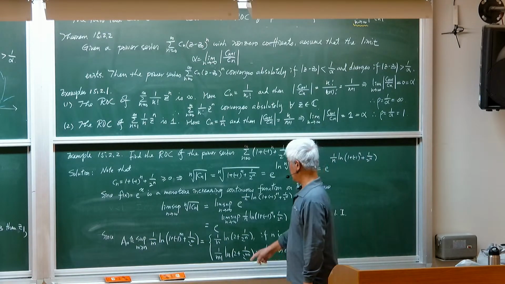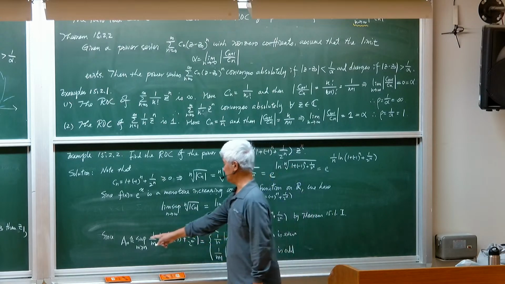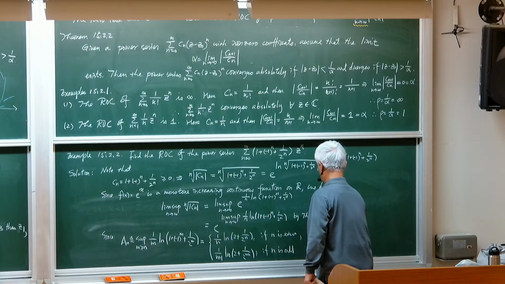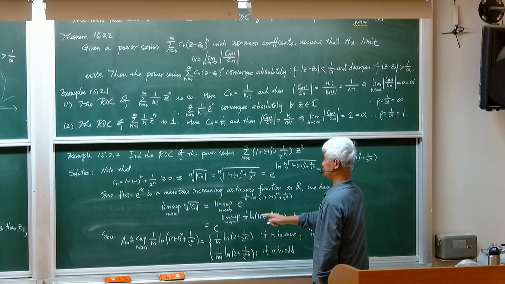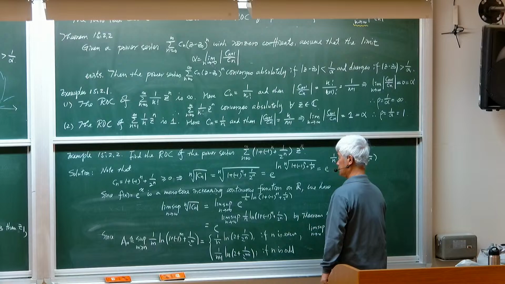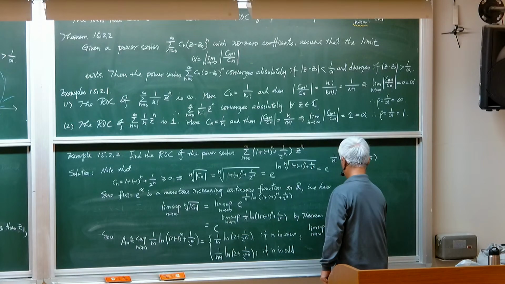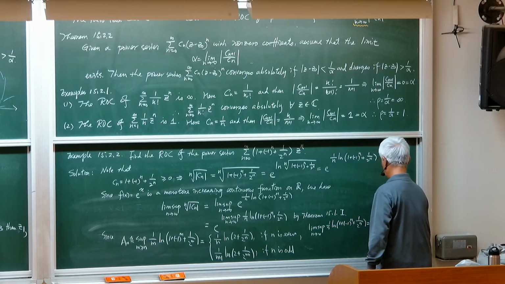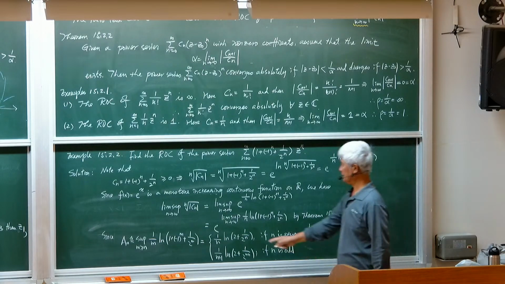Now, when n goes to infinity, the lim sup of 1 over n log of 1 plus (minus 1) to the n's power, to the 1 over 2n here, this is the limit as n goes to infinity of an.